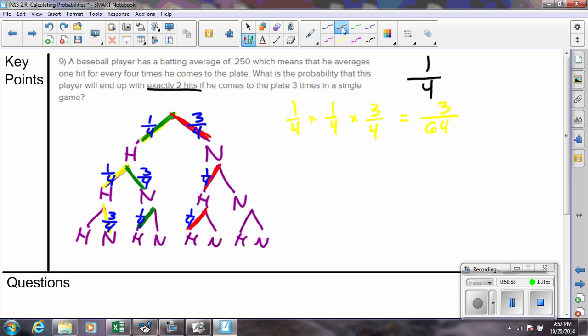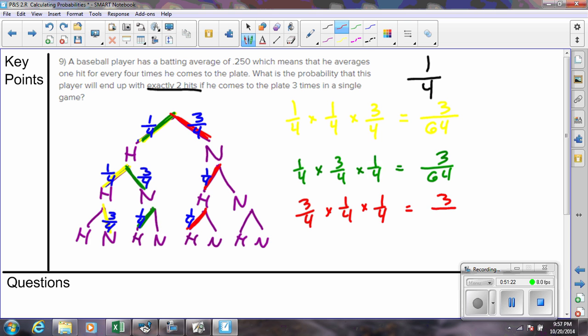When we take the probability of the second path, 1 out of 4, 3 out of 4, 1 out of 4, which gives us 3 out of 64. And the probability for the third path, you'll note I'm just writing down the probabilities for each step along the way, gives us 3 out of 64.